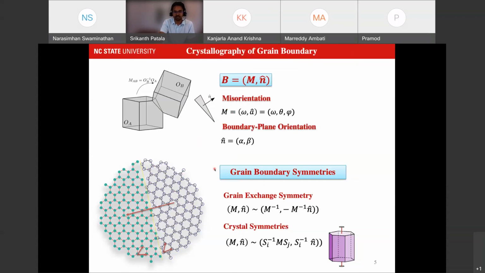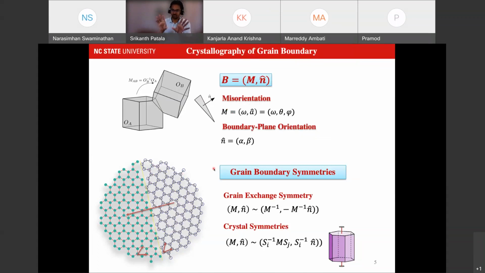So very quickly, what is the crystallography of an interface? We call this a 5-dimensional space for those of you who are familiar. There are two important parameters here. One is what's called the misorientation between the grains. So for crystals, you can define a reference coordinate for each grain.